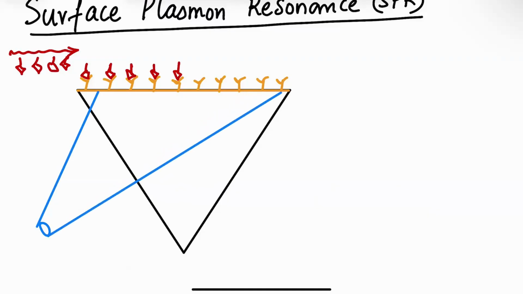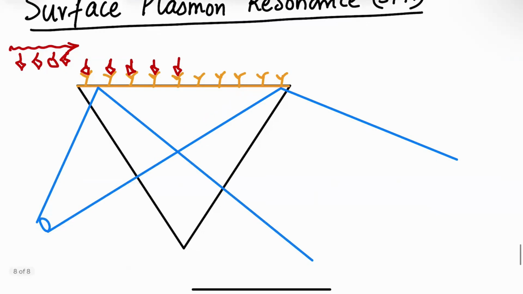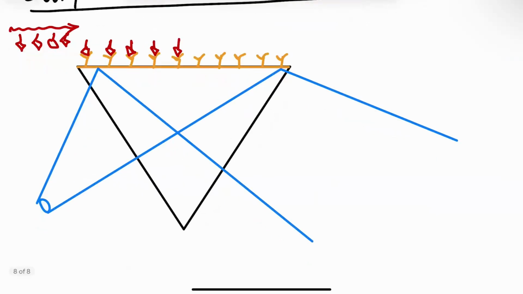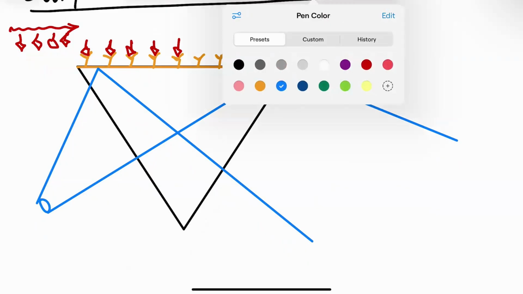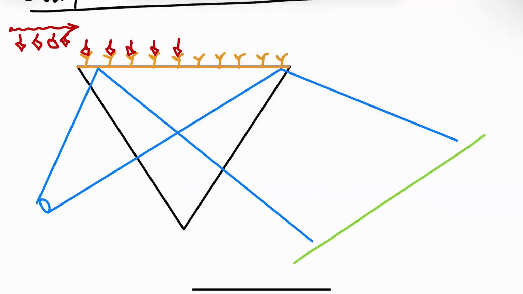Okay? Of course, this gets reflected and then comes out something like that. Then you have a big detector on the other end, placed here, and that is detecting this reflected light.